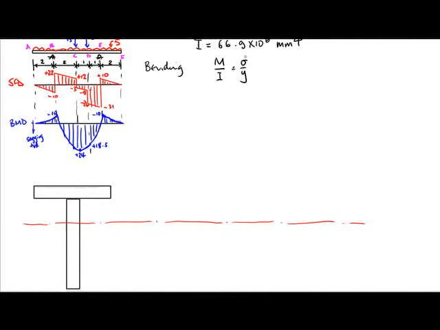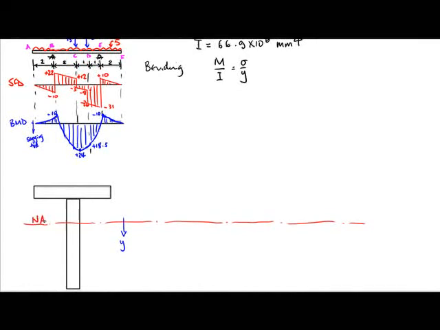M over I is equal to sigma over y, where sigma is the stress that we get for any distance y away from the neutral axis of the beam. So if we want to get the distribution for the stress at any particular position in the beam, we firstly find out for that position what is the bending moment that goes in there.